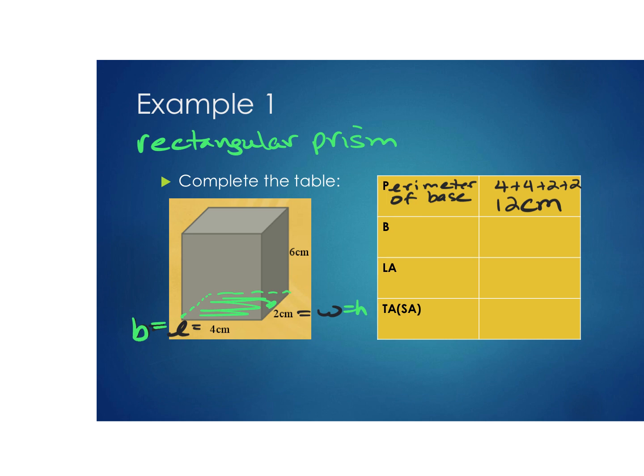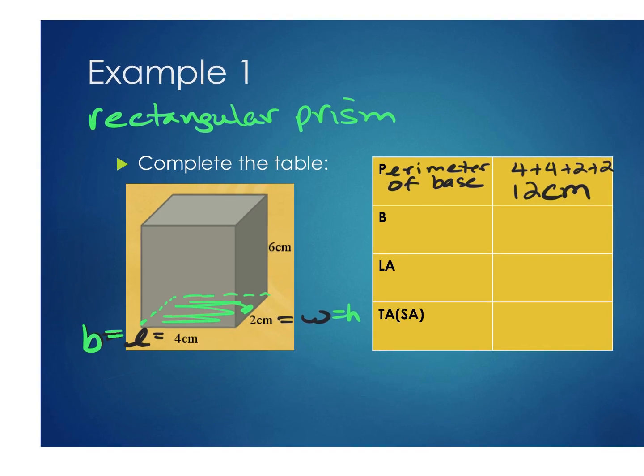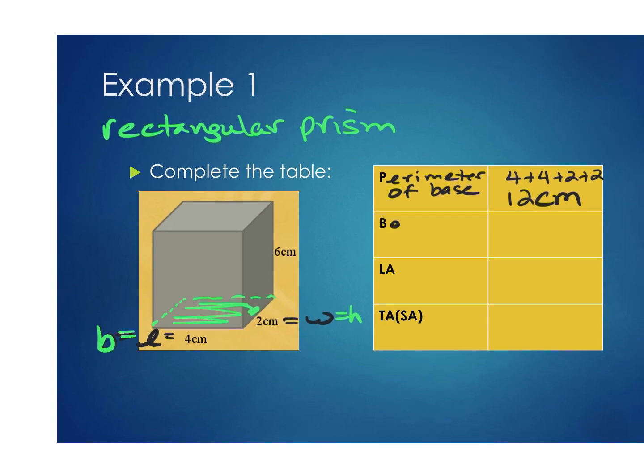My base is a rectangle, so the capital B represents the base area, and you can do it as length times width or base times height. So 4 times 2, and it's 8 centimeters squared.